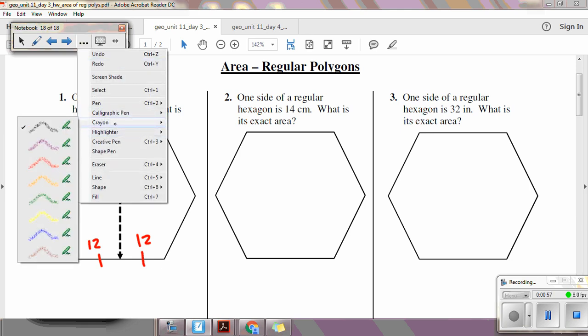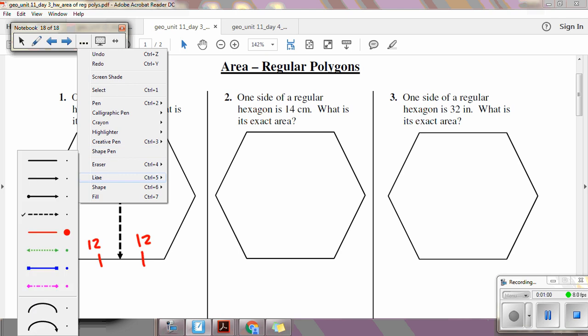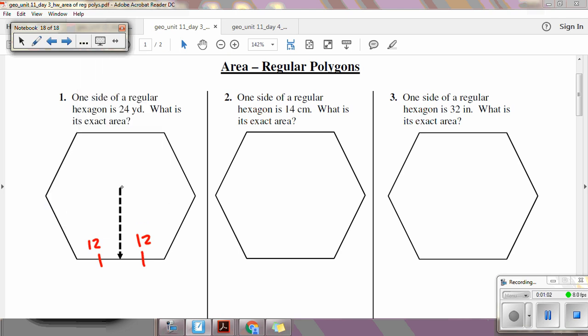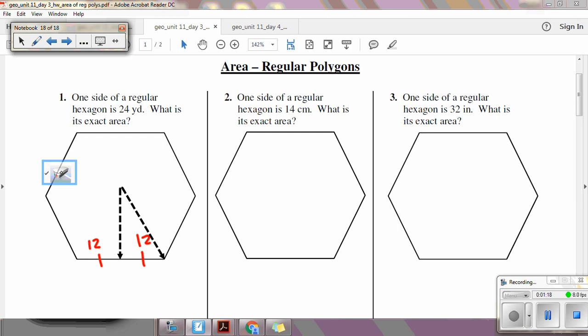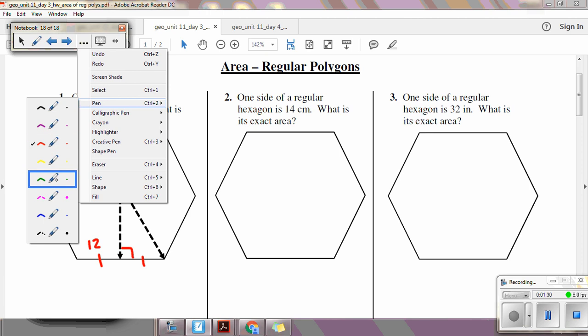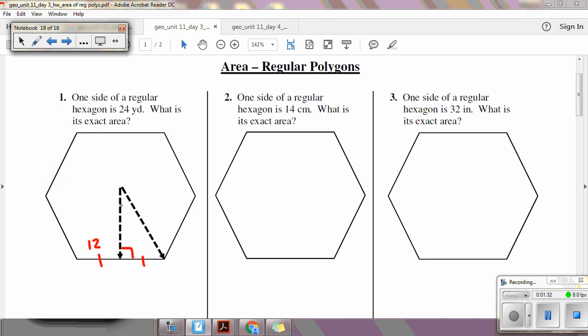Now the radius of the figure is a slant that touches the vertex, and it forms a right triangle. And it's a 30, 60, 90 right triangle, where this is 30.